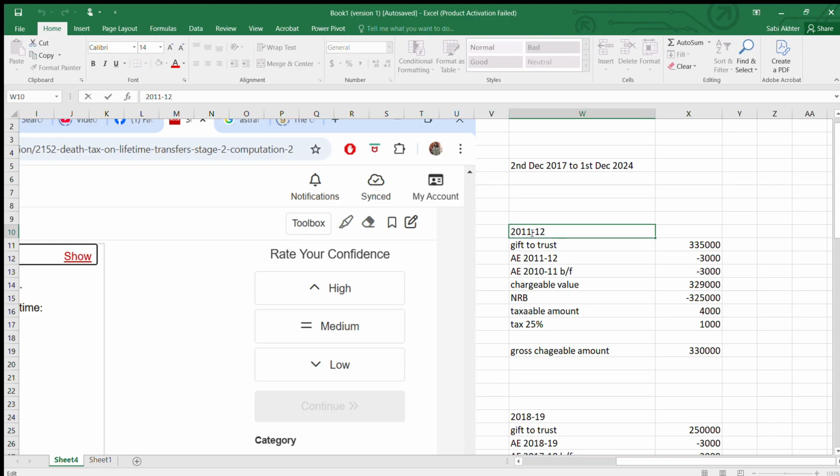The tax year is 2021. We will be deducting the 2 annual exempt amounts, one the current and the other the previous, and the chargeable value, as in activity 2, is 327. Now we'll be deducting the nil rate band 325, and then the taxable amount is 2,000.